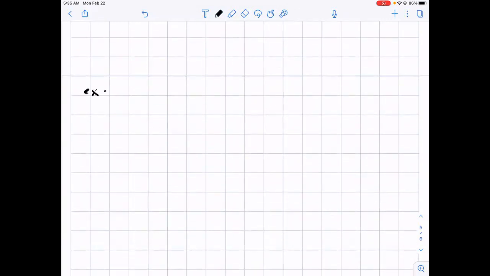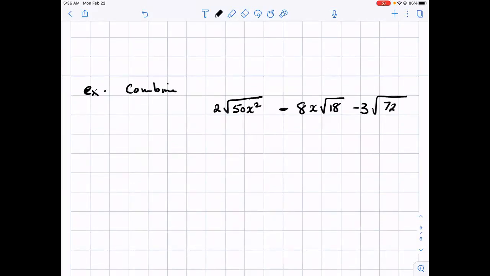So for example, if I ask you to combine, let's say, 2 radical 50x squared, and the x squared is under the radical, minus 8x radical 18, minus 3 radical 72x squared.